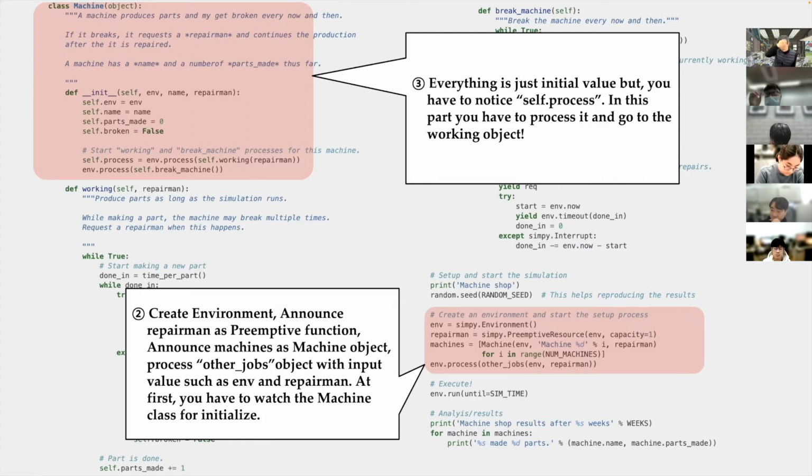This variable will be accumulated by machines. And the initial state variable, broken, is assigned as false, because at the start of the simulation, no machine is in the broken state.